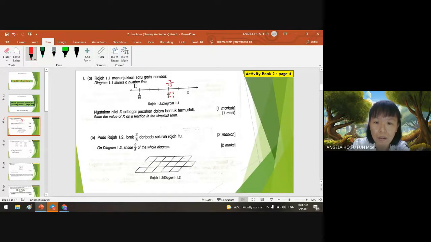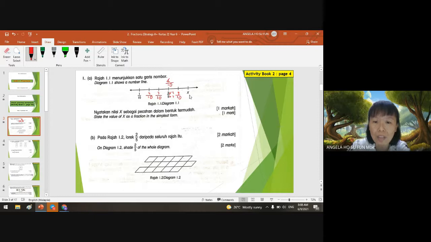Okay, repeat again. Let's erase this. This is actually 4 over 10. So here you see 1 over 10, 4 over 10. So I know here will be 2 over 10, here will be 3 over 10, then 4 over 10, and here will be 5 over 10.